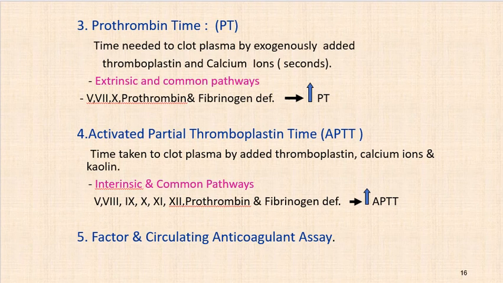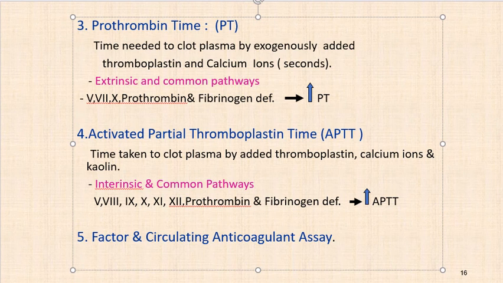So the quantity and function of factor 5, 7, 10, prothrombin, and fibrinogen are evaluated by the prothrombin time test. In deficiency of factor 5, 7, 10, prothrombin or fibrinogen, the prothrombin time is prolonged.